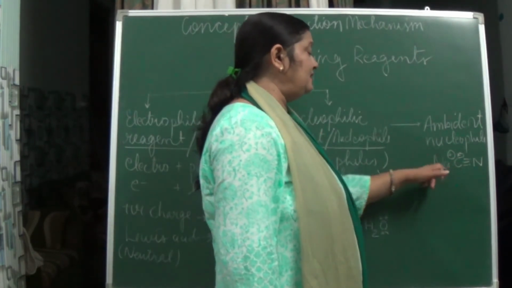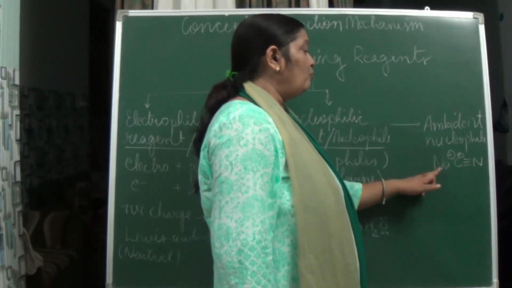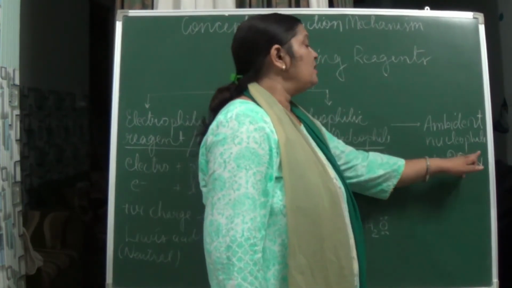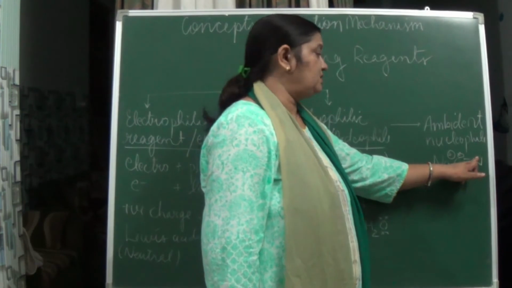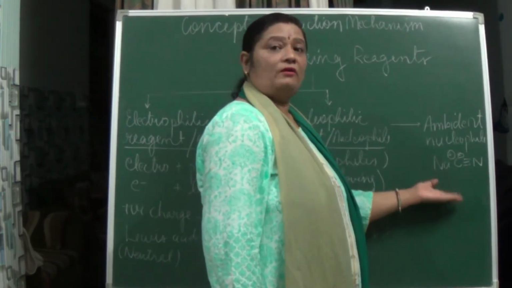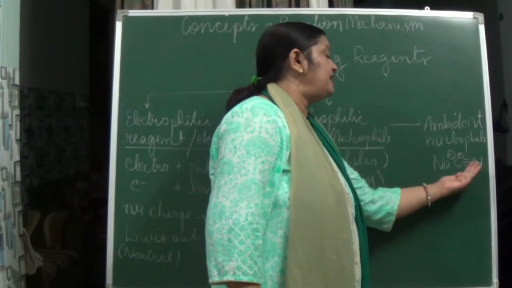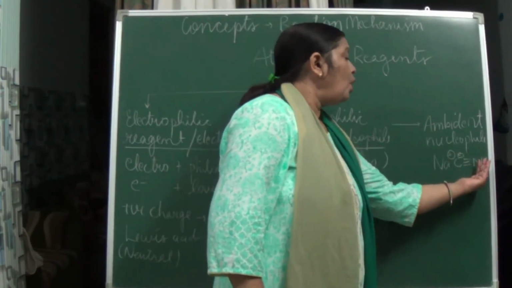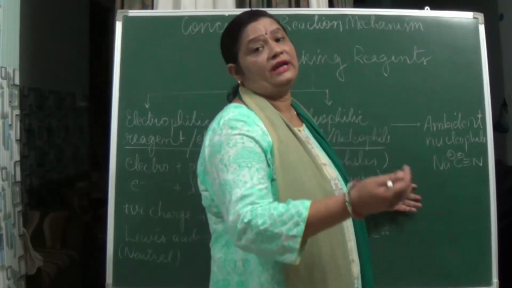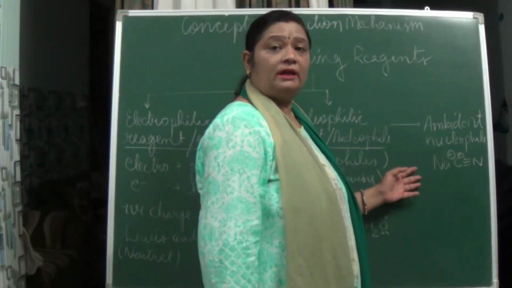Naturally, carbon gets one electron, as a result it becomes negatively charged. Nitrogen is also negatively charged. Naturally, it can react from either side, from the carbon side also or from the nitrogen side also, to take up the positive charge.